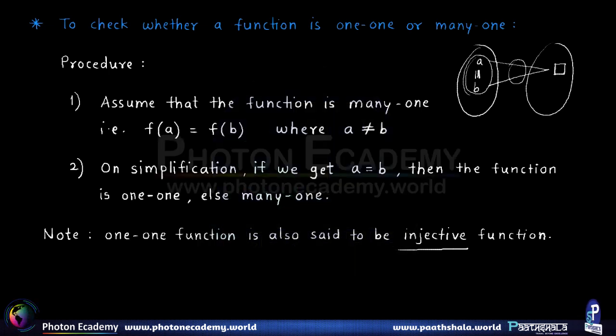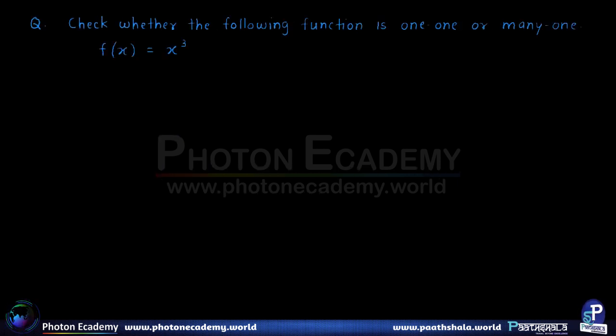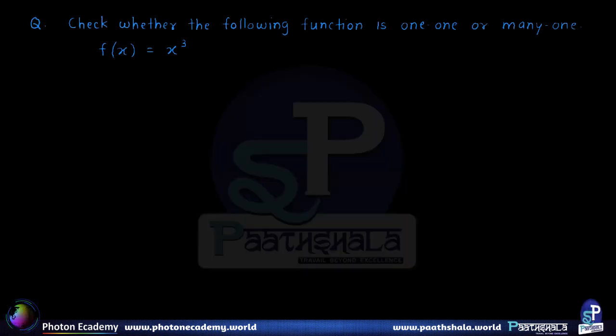Let us solve a few questions based on identifying whether a function is one-one or many-one, right? So here we are given the expression of the function as f of x equal to x cube. Now one more important consideration, that whenever we are not given any information about the domain and the codomain of the function, we have to assume them as the set of real numbers.